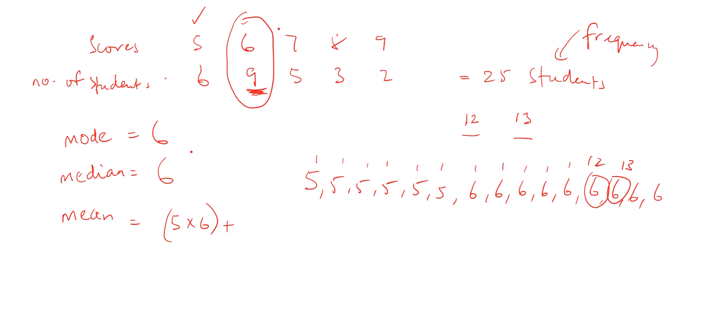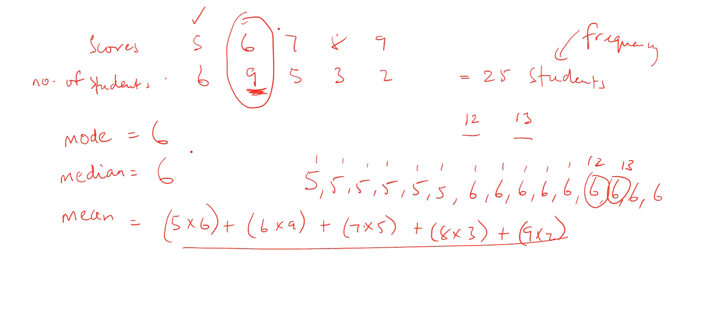I'm going to add it to 6 by 9 plus 7 by 5 plus 8 by 3 plus 9 by 2. And I'm going to divide that by 25, which is the total, 25 students, right? So this is how you find the mode, the mean, and the median using information in a table, right?